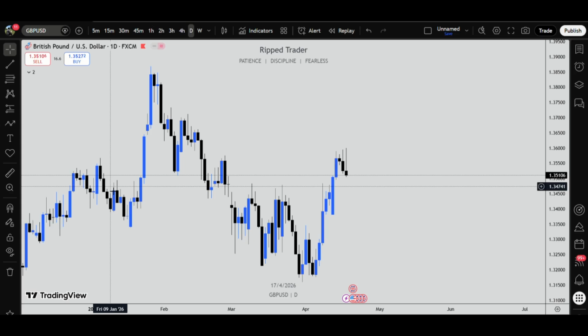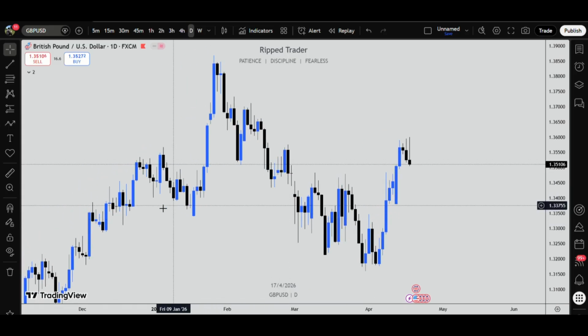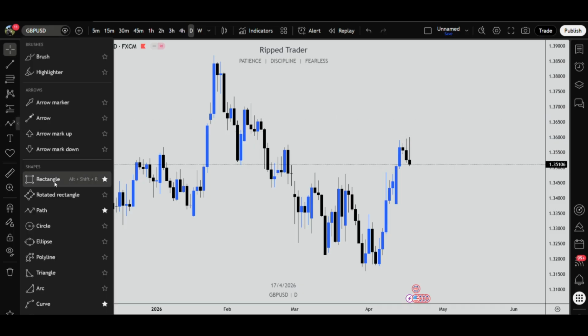If you don't know about SMTs, I will be dropping a new video soon related to SMTs and how important they are for placing trades. Usually the British pound and US dollar move in the same direction as EUR/USD. Not every time, but most of the time.